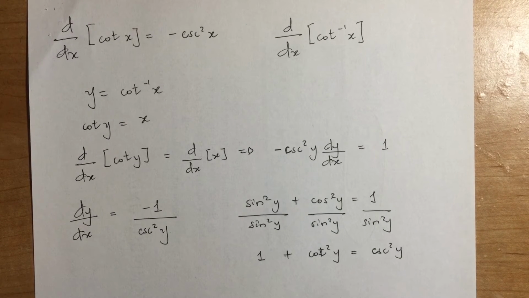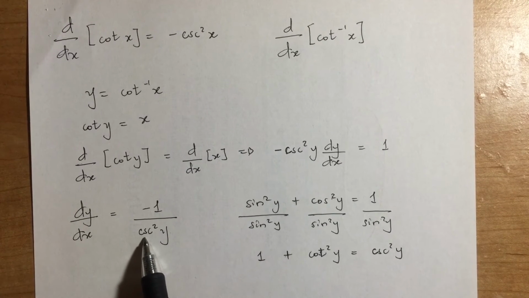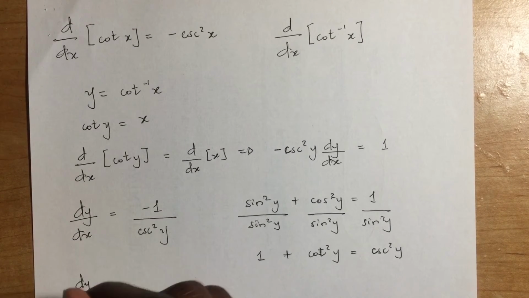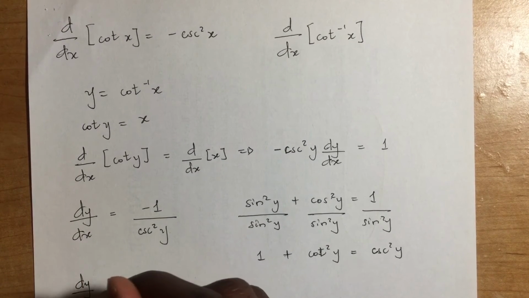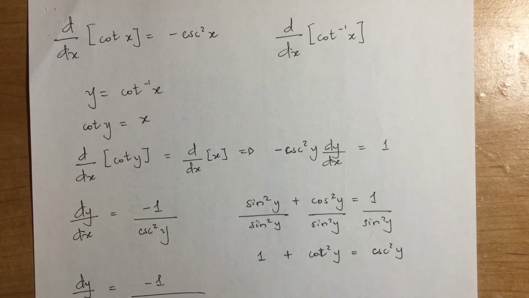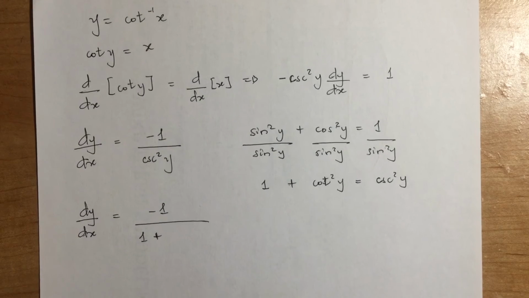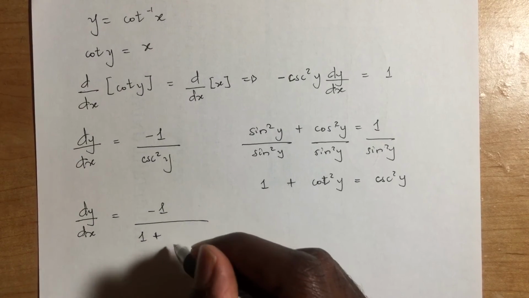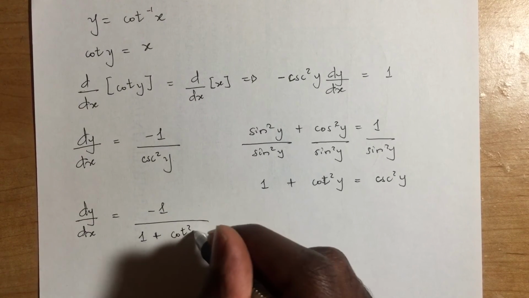And then from here, we can substitute this cosecant squared of y with this, and that will give us dy dx equals negative 1 all over 1 plus cotangent squared of y.